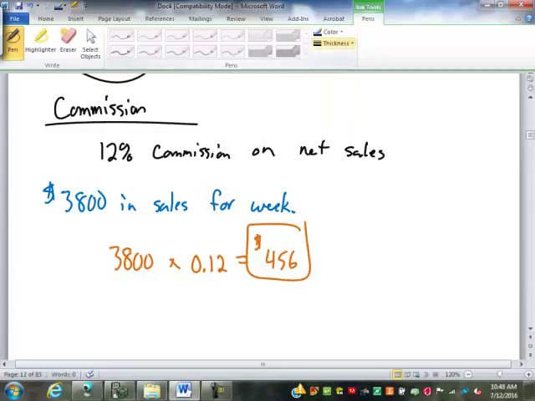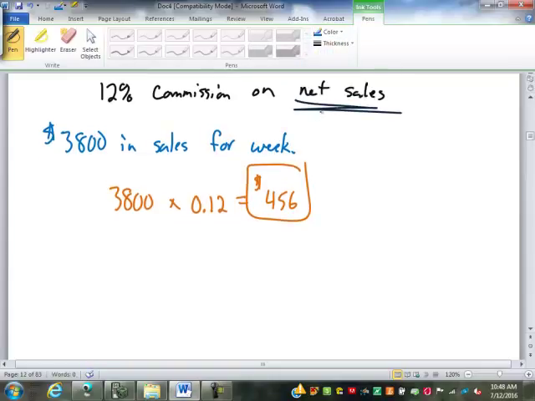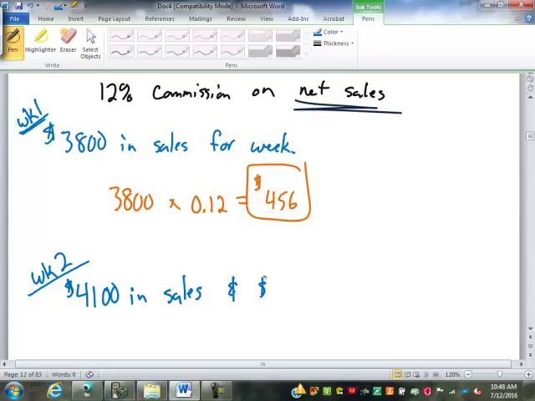Now, one thing you'll notice is I said net sales. This can get a little bit more complicated. So let's say this is week 1. In week 2, let's say you have 4,100 in sales and 400 in returns from the previous week.